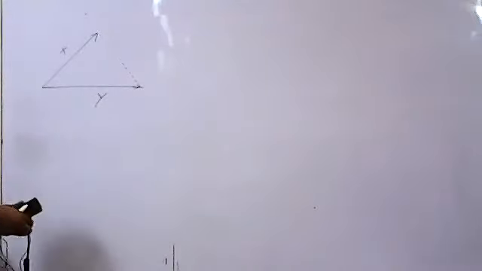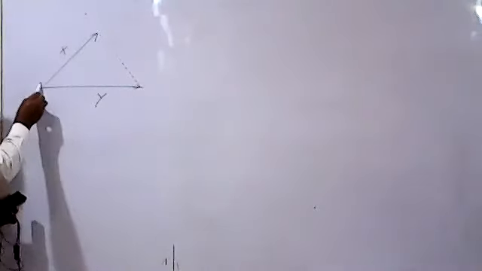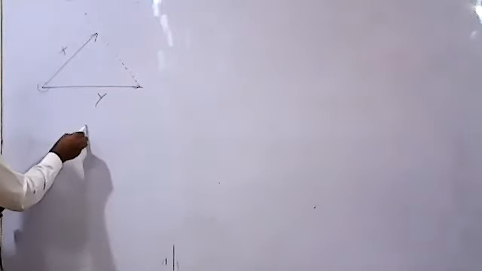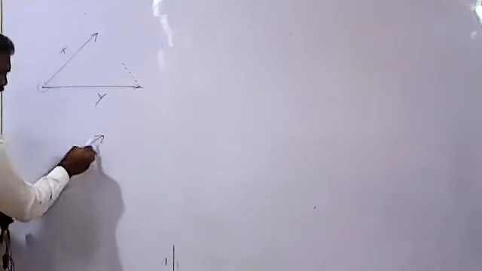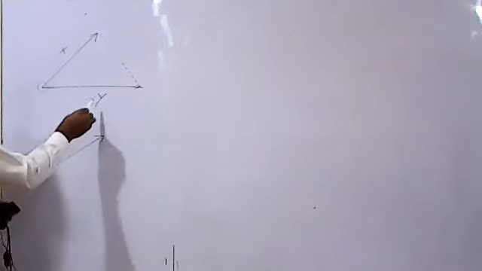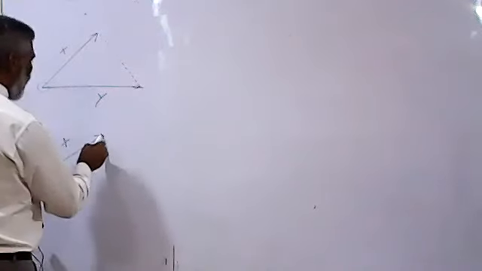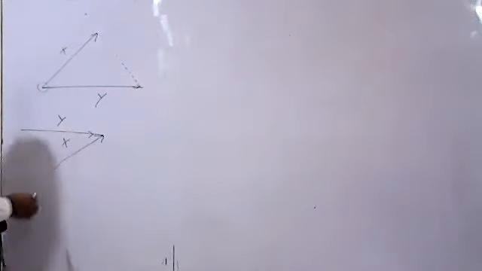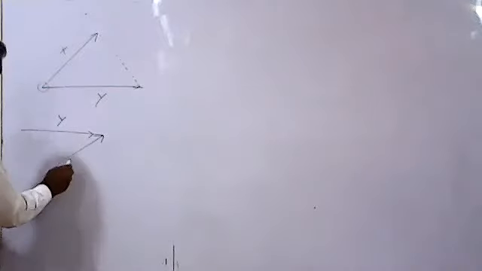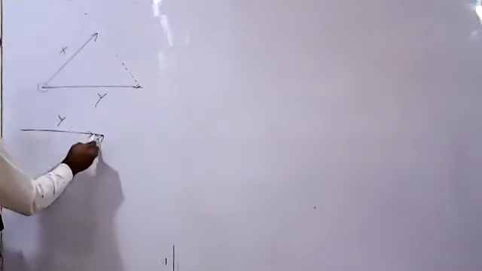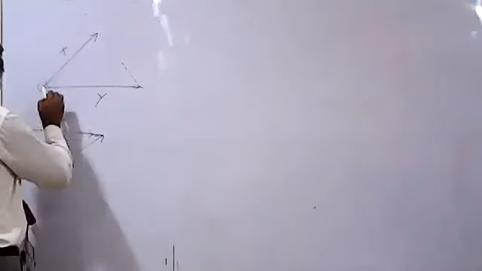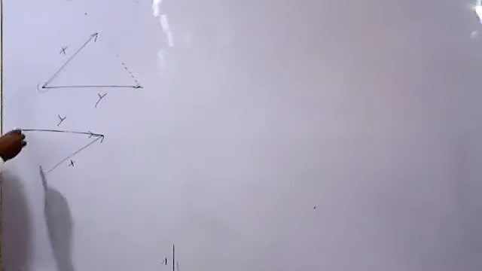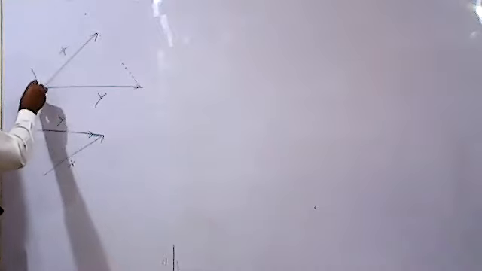Remember, whenever you have the tails of the two vectors joined, or heads of the two vectors joined, like this is one vector x and this vector y is drawn here. If this is x and this vector is y, in one situation their tails are joined here.